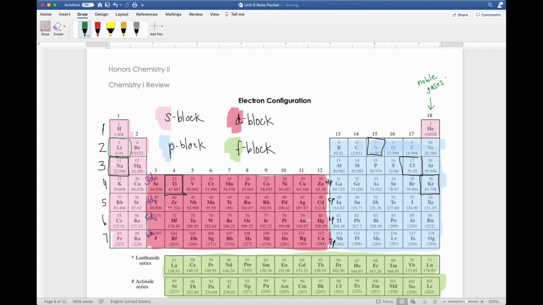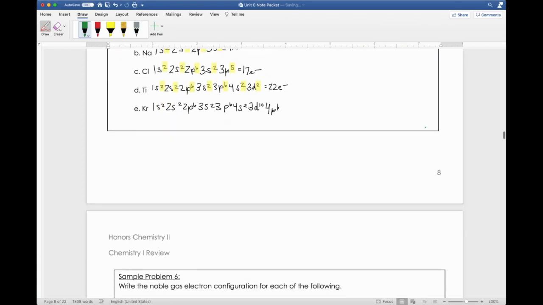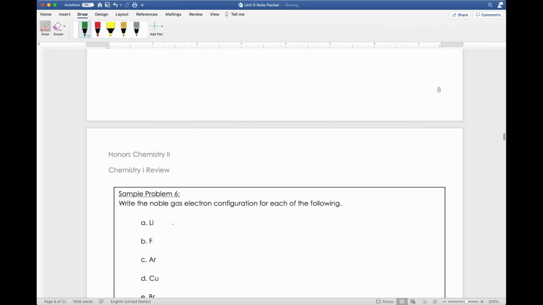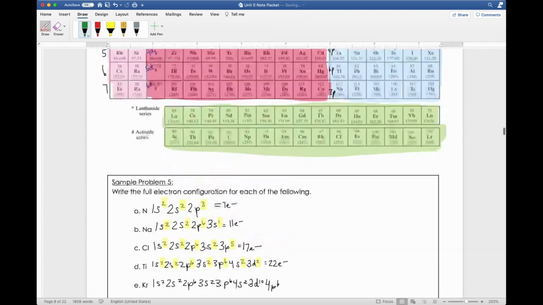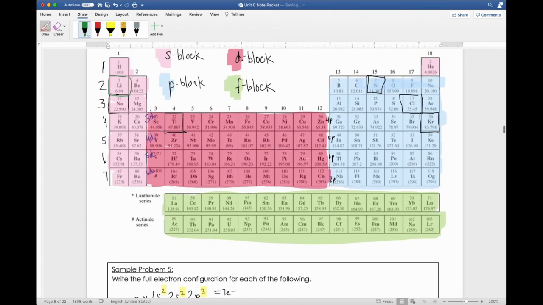So in this case, the noble gas that comes before lithium would be helium. So we are going to write helium in brackets, just the symbol. And then we're going to write whatever electron configuration remains after that.